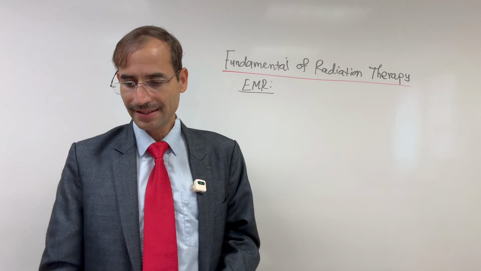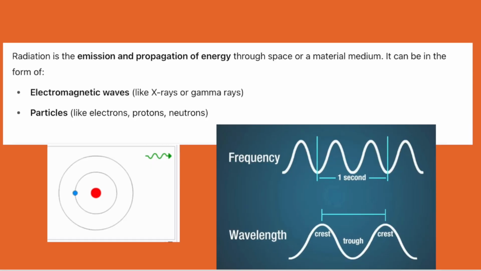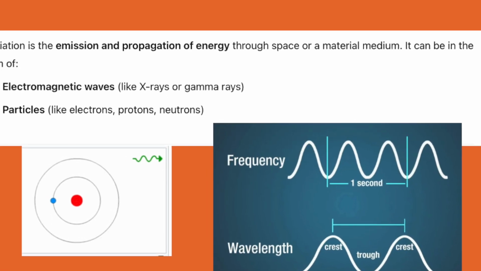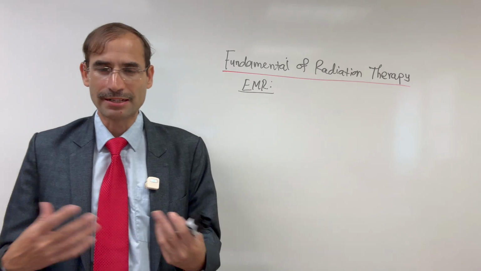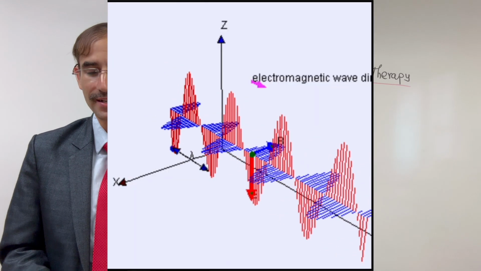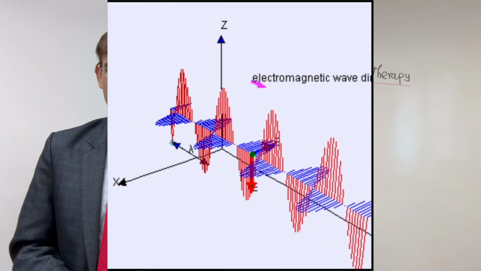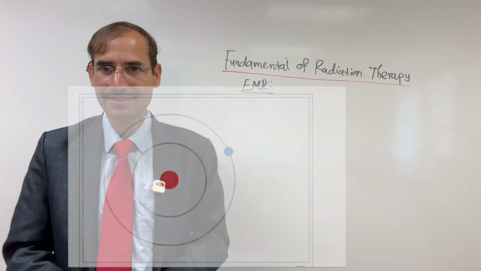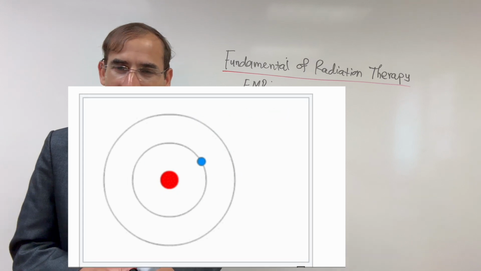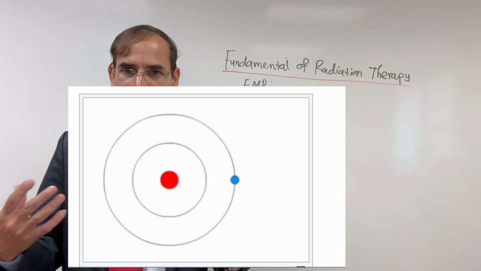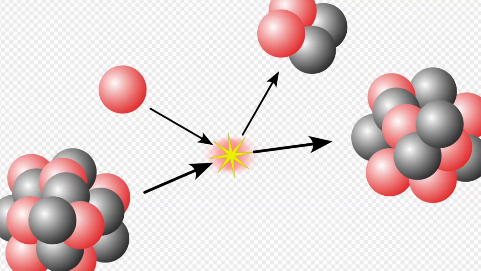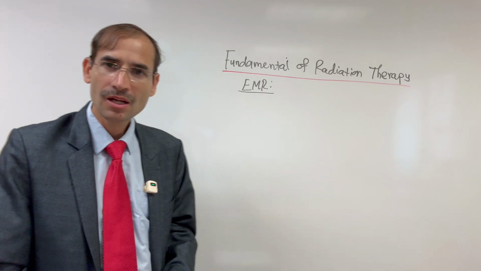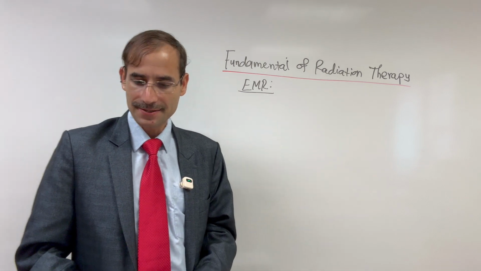In short, radiation is the emission and propagation of energy, which can propagate through space or a material medium, and it can be in the form of waves like X-rays or gamma rays, or in the form of particles. For example, alpha particles, beta particles, electrons, protons, neutrons, and so on.